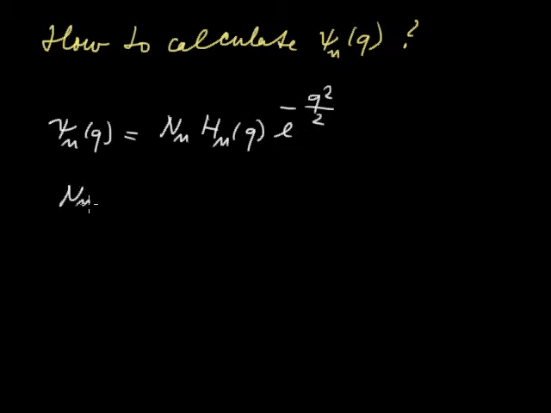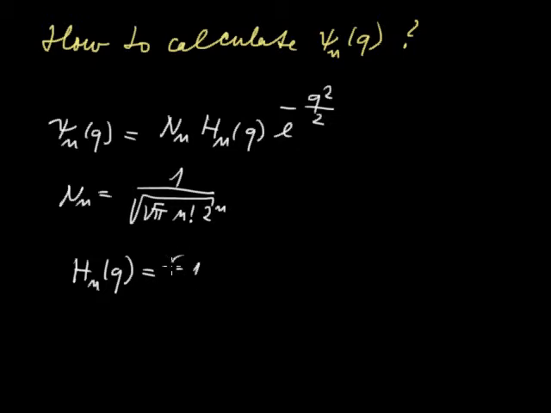Here the normalization is 1 over square root of pi, n factorial, 2 to the power of n, and the Hermite polynomial is best expressed as minus 1 to the nth power, e to the q squared, multiplied by the nth derivative of e to the power of minus q squared.